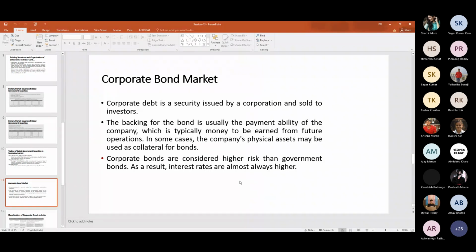If the company is not able to make the payments it has promised, then these collaterals or assets can be utilized to repay the money. And some of the bonds are unsecured bonds, which are not backed by any type of security or assets.